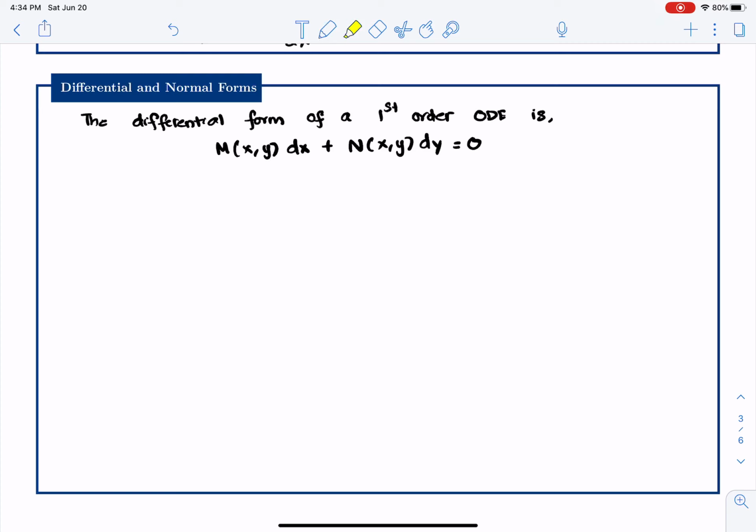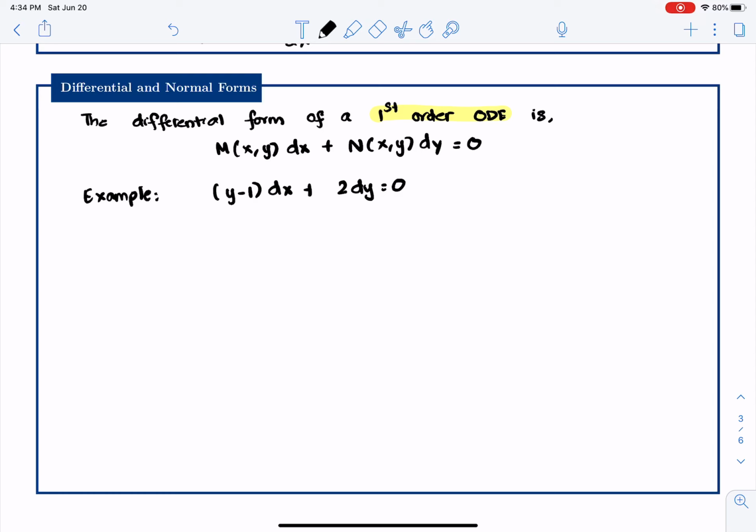Mind you that the ODE has to be of first order. As an example, let's say we have the equation y minus 1 dx plus 2 dy equals 0.